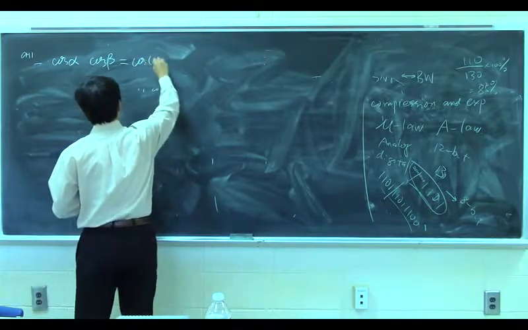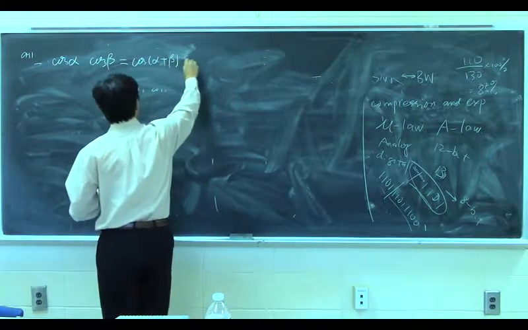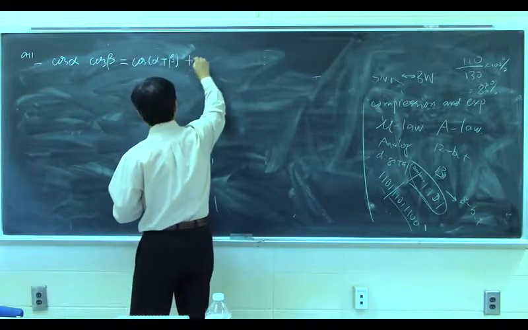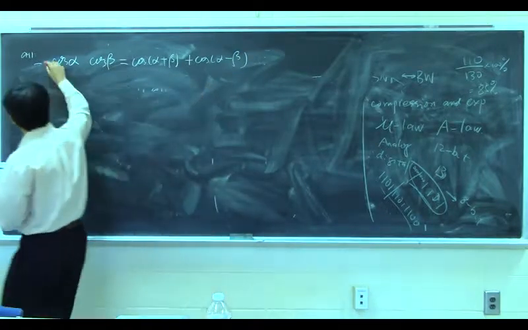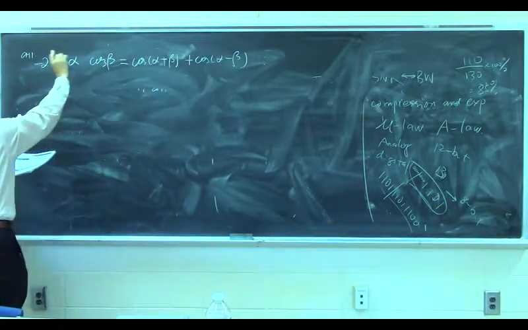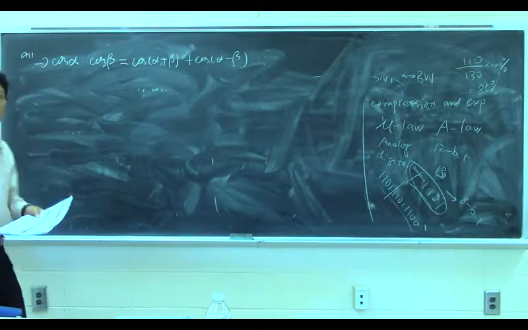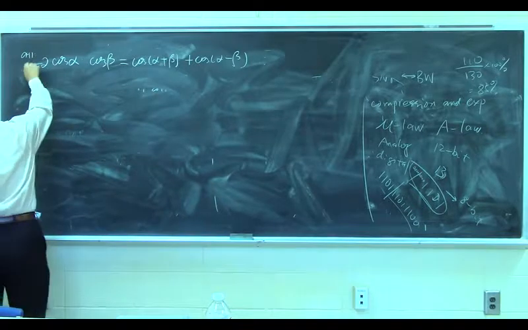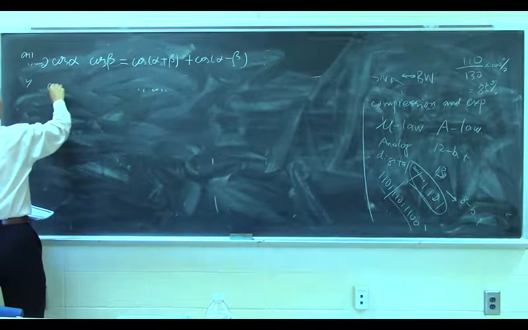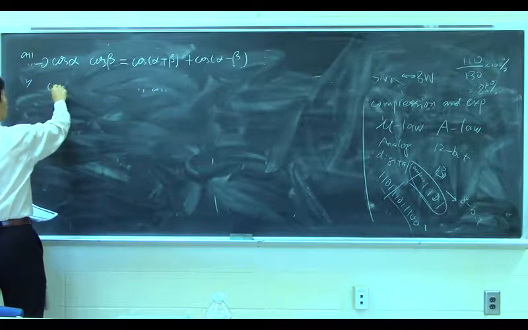cosine alpha plus beta plus cosine alpha minus beta, and there's a 2 here. So this is the first one. The second one is a special case.